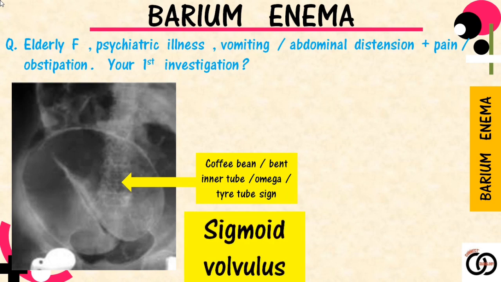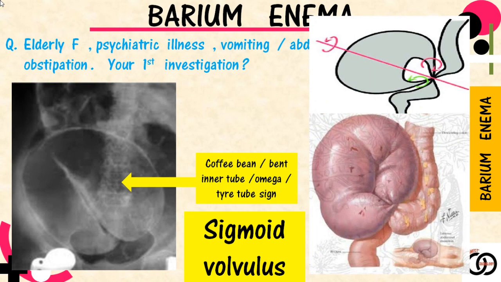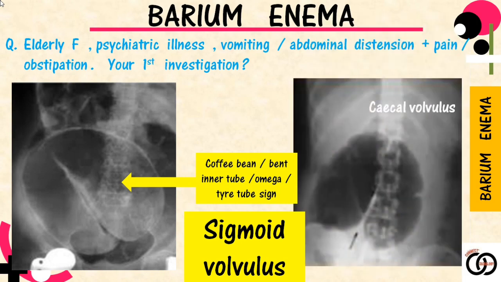Sigmoid volvulus means twisting of the sigmoid colon over its mesocolon. The sigmoid colon gets distended, dilated because of the volvulus. You can appreciate the inferior convergence on the left with a haustral margin. Remember, if the opening of the cleft is towards the right side, we are dealing with cecal volvulus.